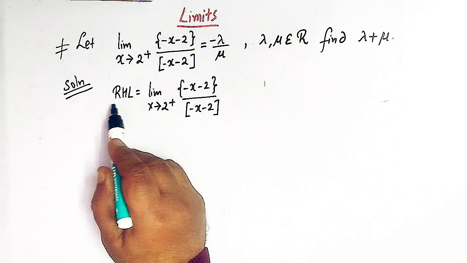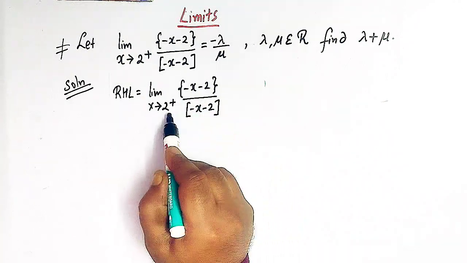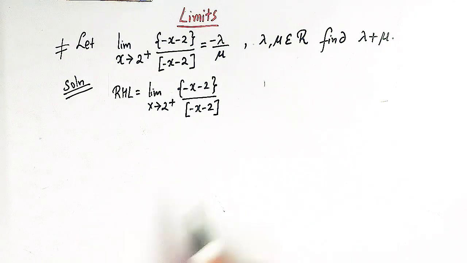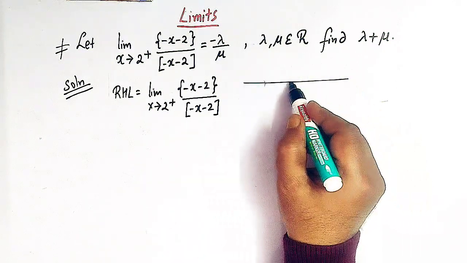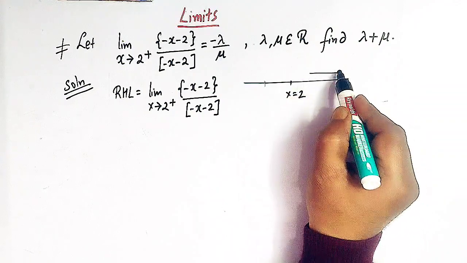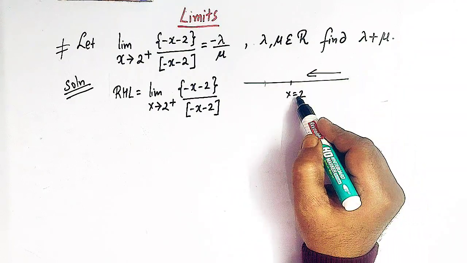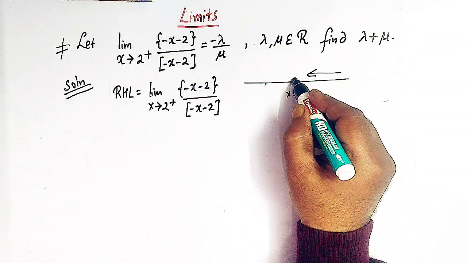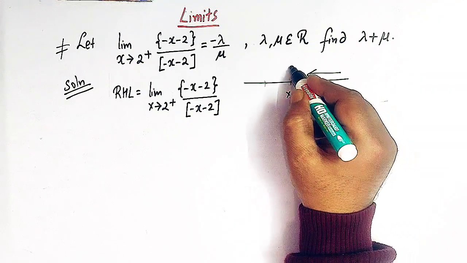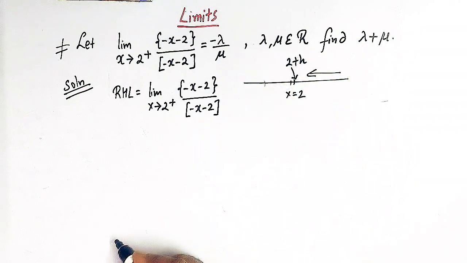So here we have to find the right hand limit, and here x is approaching 2 from the right of x is equal to 2. So we are in the neighborhood of x is equal to 2, and this point is 2 plus h, right?